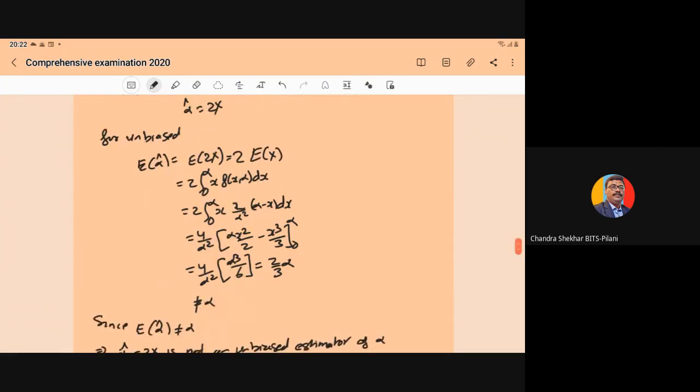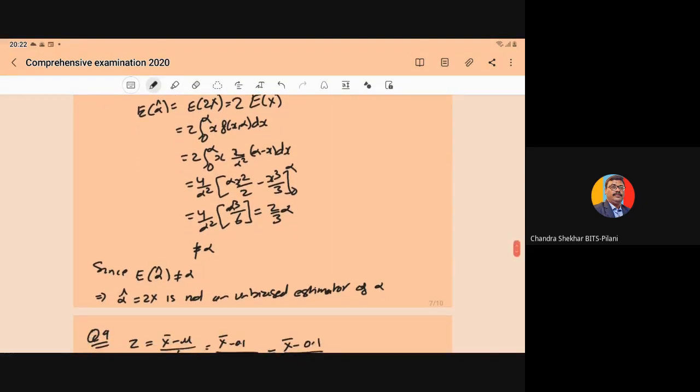On solving, it will give you 4 upon alpha square, alpha x square by 2 minus x cube upon 3, limit 0 to alpha, or 4 upon alpha square into alpha cube upon 6, or 2 by 3 into alpha. So E of alpha cap is not equal to alpha. Since it is not equal, we can say alpha cap is not an unbiased estimator of alpha.